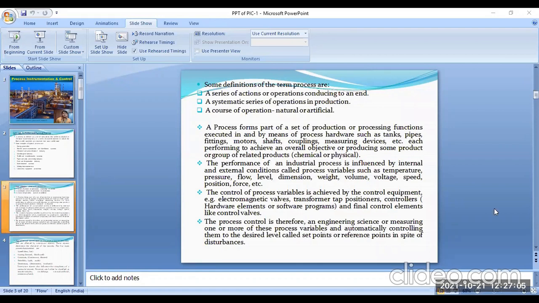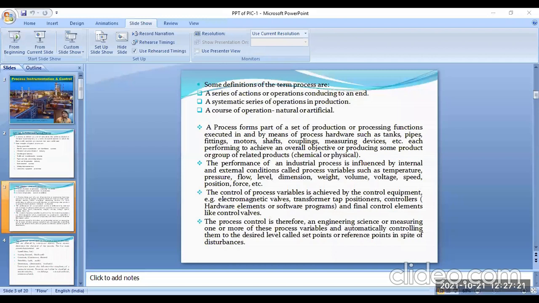So for the process equipment, we classify it into two units: one is the hardware element, and the other is the software element.